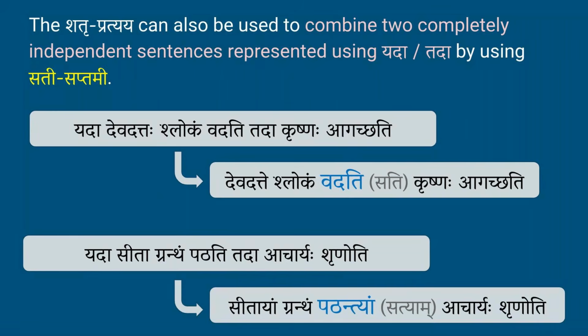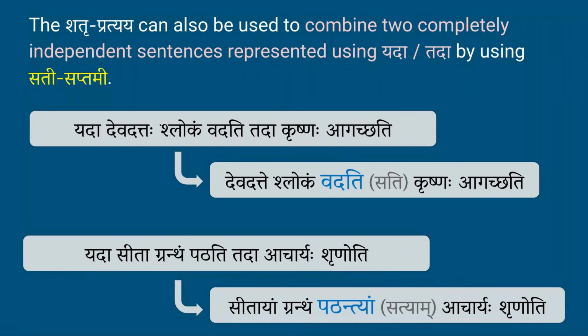Here, the word Sitayam is in the feminine form, and hence the Shatru Pratyayanta pratipadikam pathat has also been converted into the feminine form pathanti, and then its Saptami Ekavachanam pathantyam has been used to match the word Sitayam.